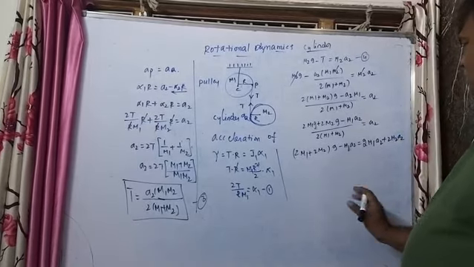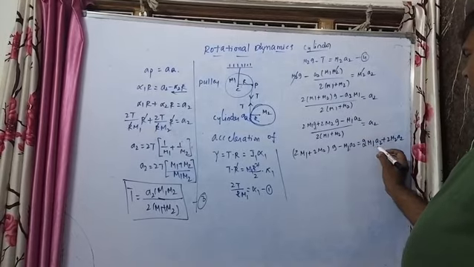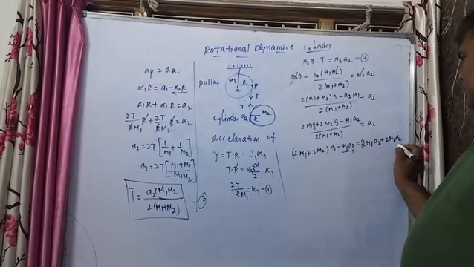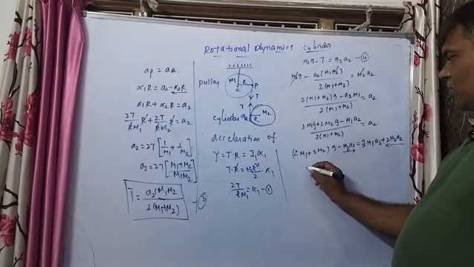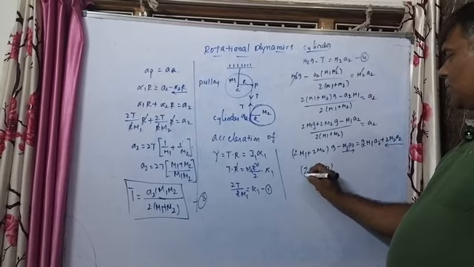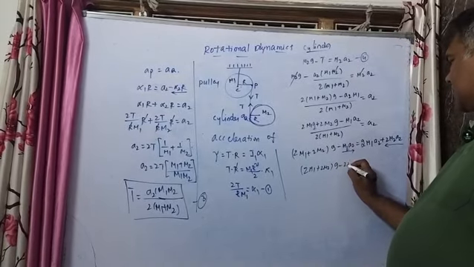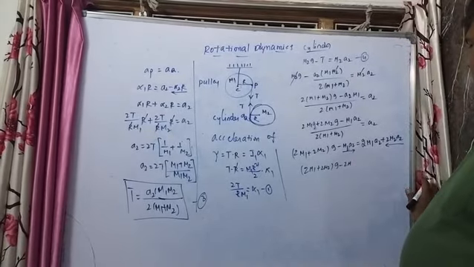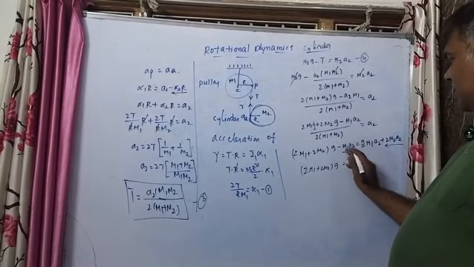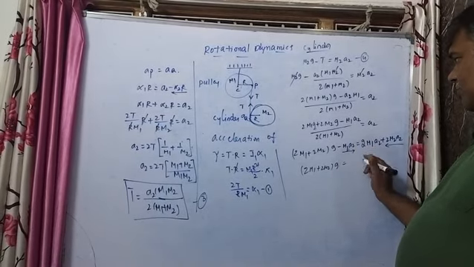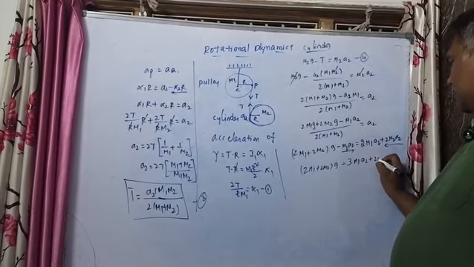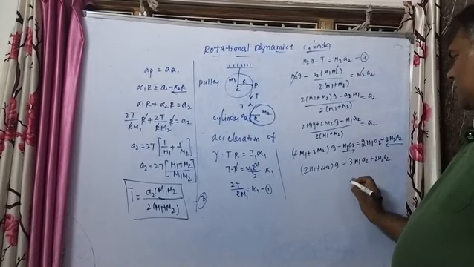See here, M1 A2 comes to this side. Now what we get is 2M1 plus 2M2 into g minus M1 into A2; with 2M1 into A2, it becomes 3M1 into A2 plus 2M2 into A2.